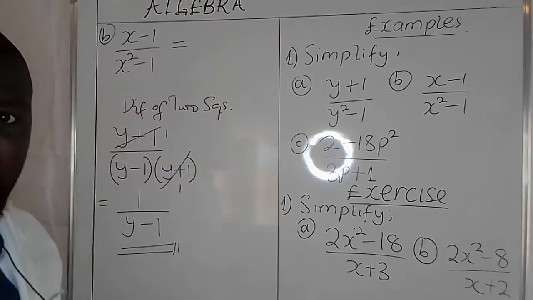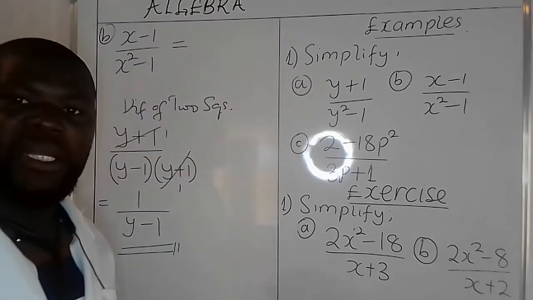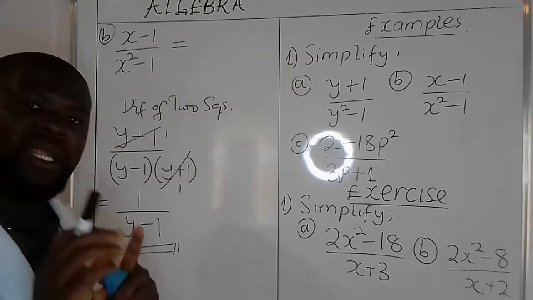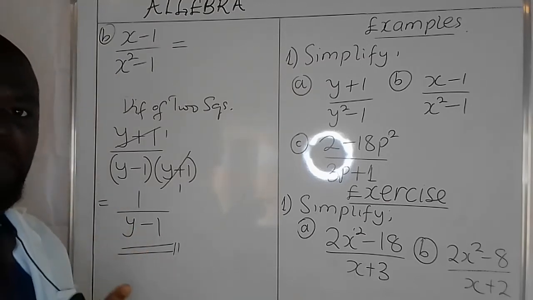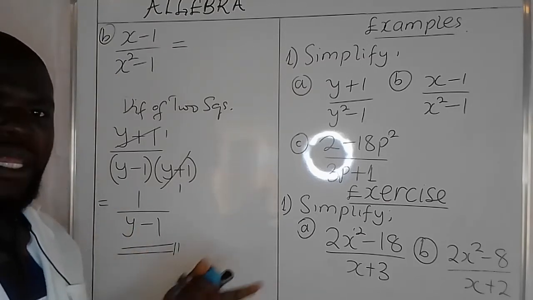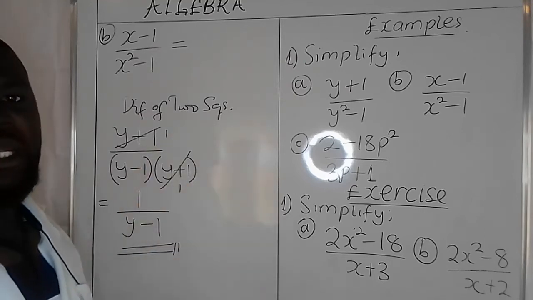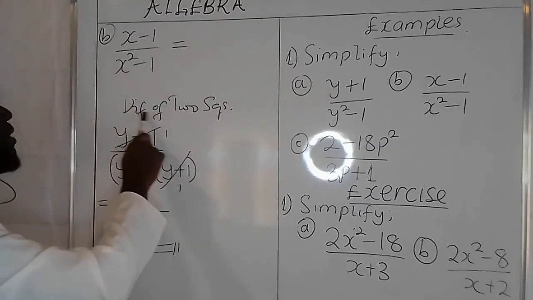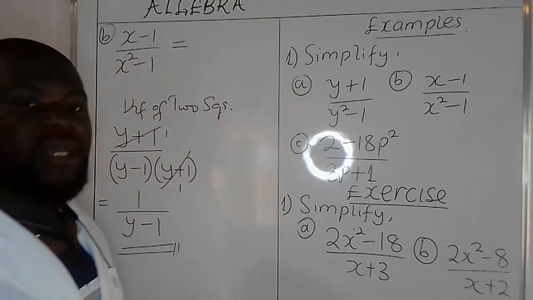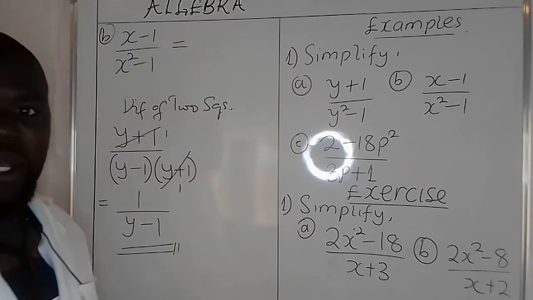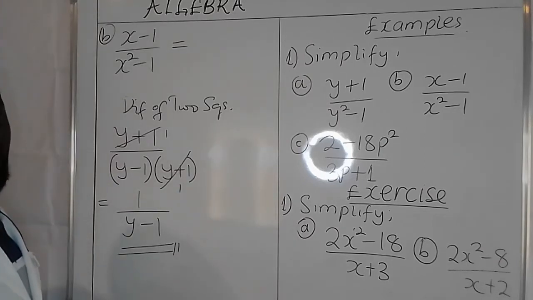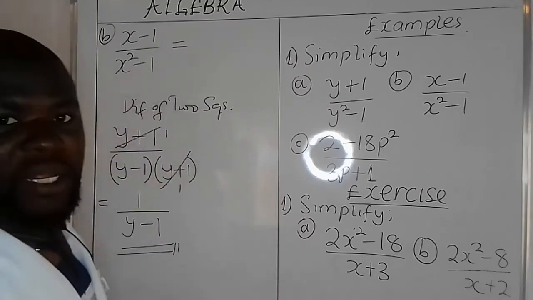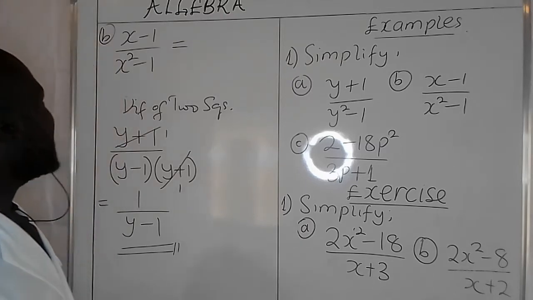Again, when you look at this algebraic fraction, you will see that on the numerator, x minus 1, we can do nothing. But on the denominator, again, you see that it's a difference of two squares, which has the square x square and the perfect square 1. And you can see the subtraction, which represents the difference.